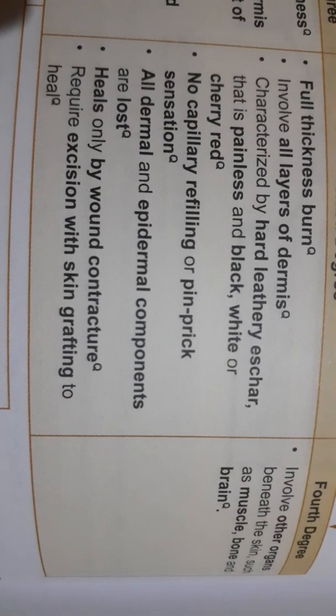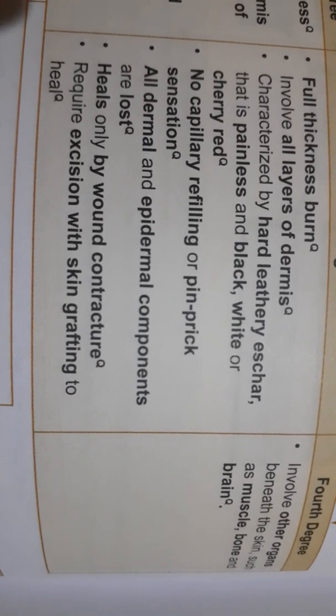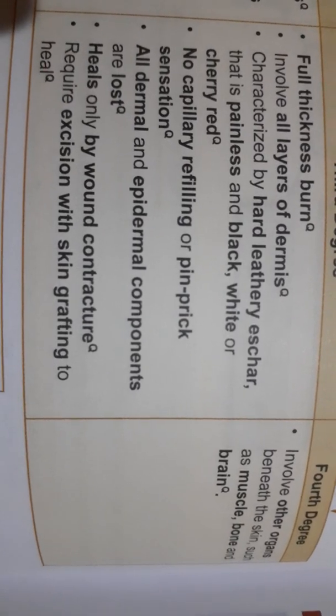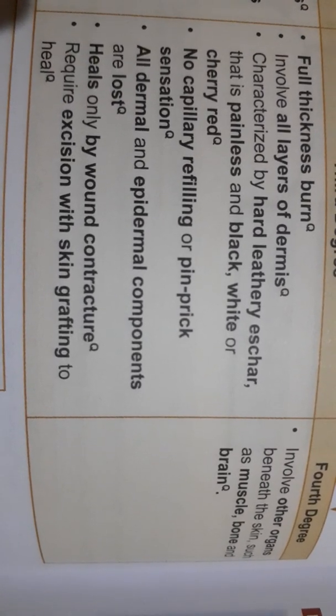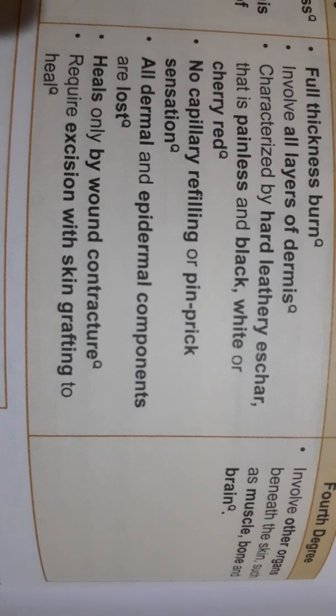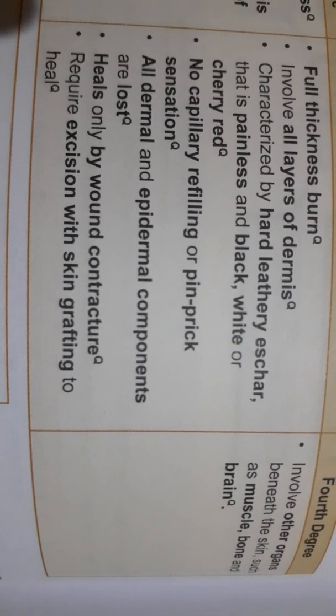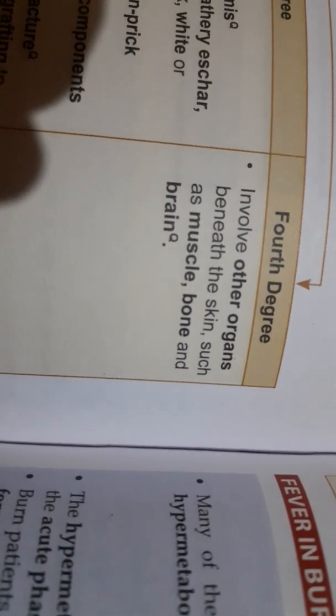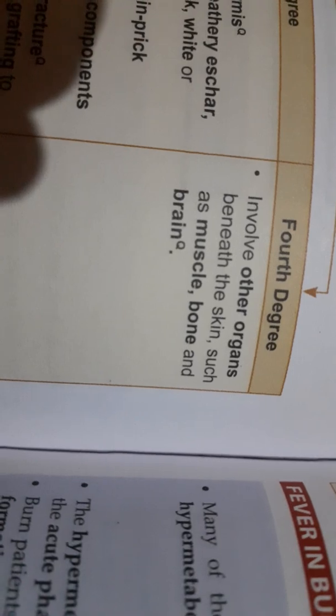All dermal and epidermal components are lost. Heals only by wound contracture, requires excision with skin grafting to heal. And fourth degree involves other organs beneath the skin, such as muscle, bone, and brain.